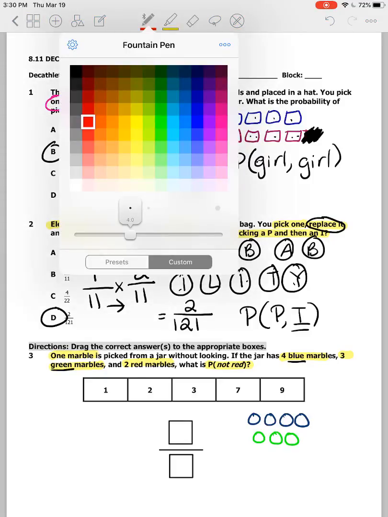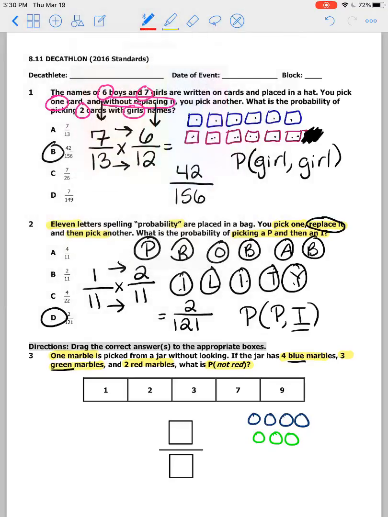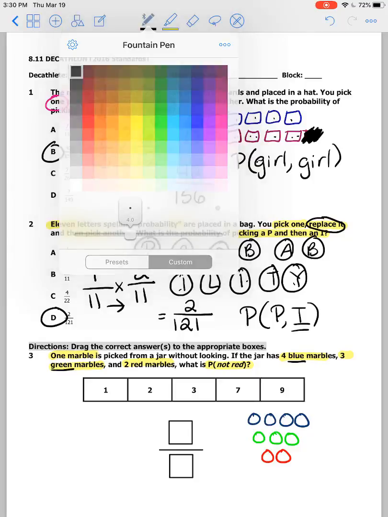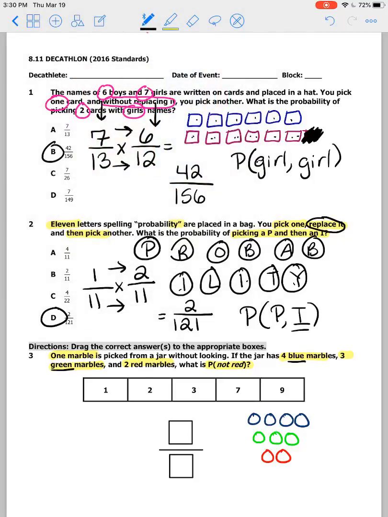And we've got 2 red marbles. And if we look at our picture, there are 1, 2, 3, 4, 5, 6, 7 marbles that are not red. That's our desired outcome. Out of 1, 2, 3, 4, 5, 6, 7, 8, 9 total marbles.